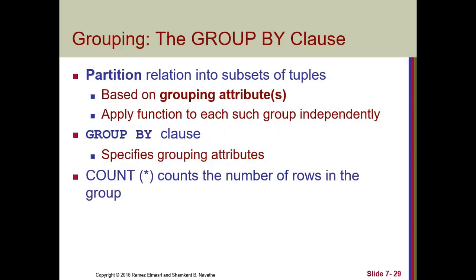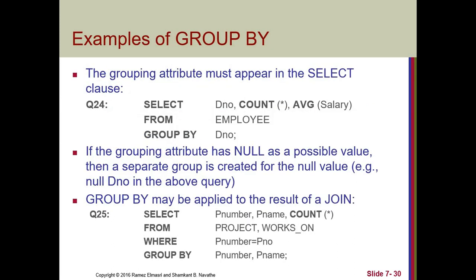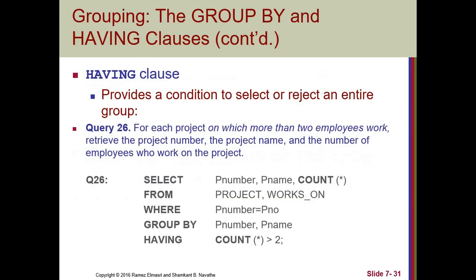Again, you should be familiar with group by and count from the totals row in Microsoft Access. Here, the SQL statements show how count and group by would be used in a statement. Having allows us to restrict our results.